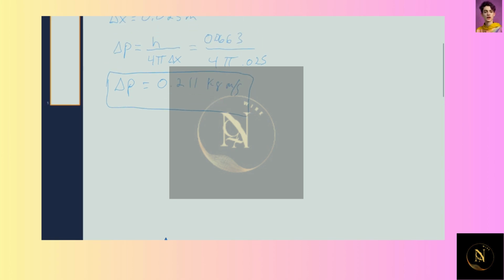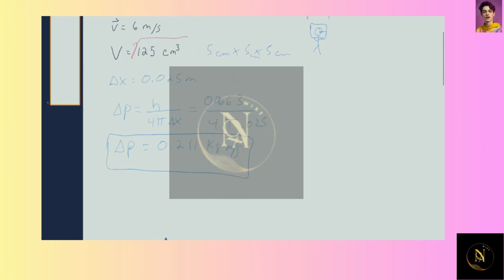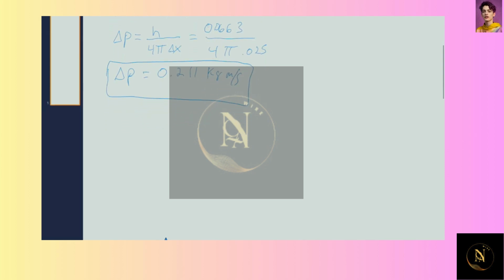The second part of the question wants to know by how much the ball could miss the target by, where the target's 12 meters away. The approach I looked at is to take this uncertainty in momentum and consider it equal to the standard momentum equation of mass times velocity, or in this case delta velocity.